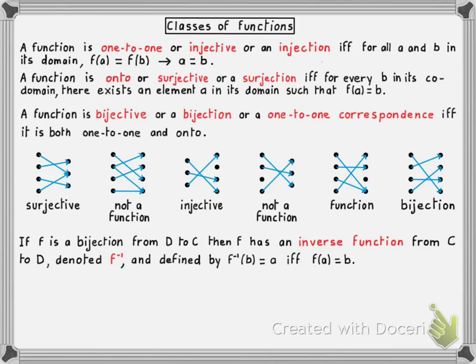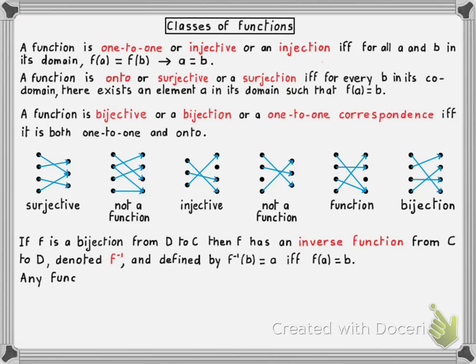In particular, if this is the domain D of the function and this is the codomain C of the function f in blue, the inverse function will go in the other direction. It will have this set as its domain, this set as its codomain, and the arrows will be unchanged except they will go in the other direction.